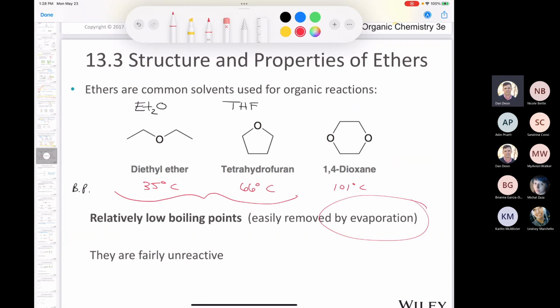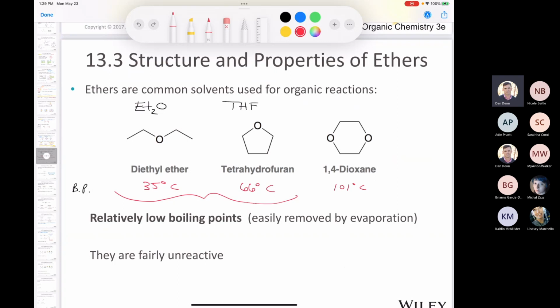Dioxane, if you've got something that's got a boiling point higher than water, that's pretty hard to remove by evaporation. And if anybody here has ever tried to recrystallize a compound and added too much water by accident, you know that it's very difficult to remove something with such a high boiling point, whereas either of these solvents, you can remove them quite quickly. You just set them to boiling temperature and they will boil away very quickly. And so, great solvents.